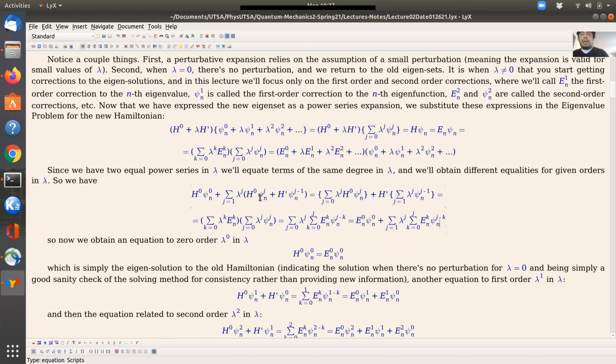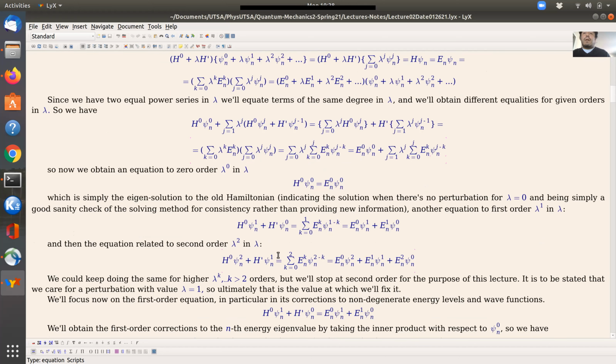So plug in j equal to 1 over here, and this is the term that we expected: the old Hamiltonian to phi 1 n, the perturbation to phi 0 n. And here again, we would have this expression. If I plug it in, I get E0n psi 1n plus E1n psi 0n. This looks like what you would get from a multiplication of polynomials, which happens also in the series up to a certain degree.